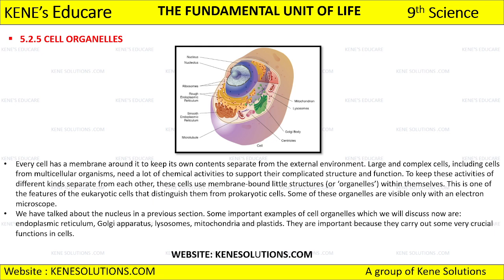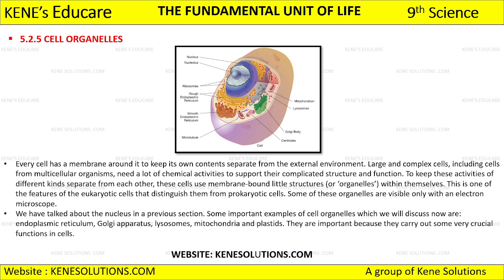Because of which they try to keep the content of the cell separate from the external environment. So large and complex cells, including cells from multicellular organisms, need a lot of chemical activities to support their complicated structure and function. Because of the type of function that they are performing and the structure that they have, they have to perform tedious work, right?